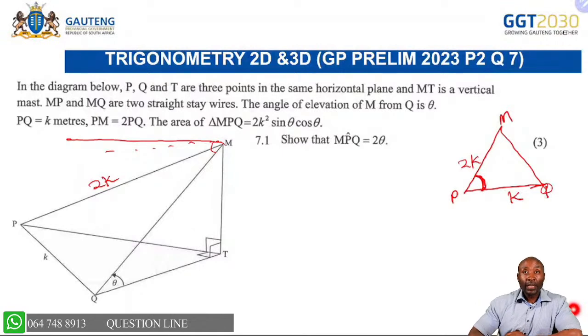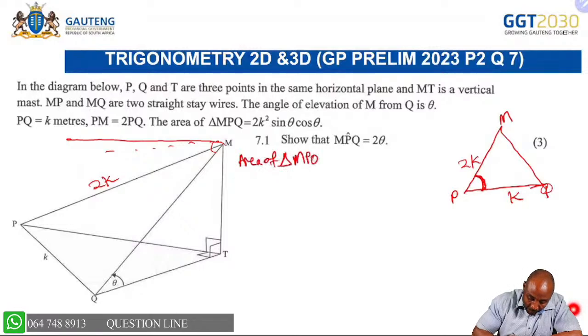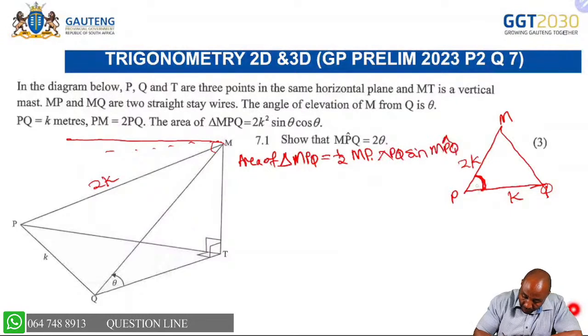If I look at this triangle, I'm able to use the area rule. Area of triangle MPQ is going to be half MP times the other side, which is PQ, times sine of angle MPQ, because that is the angle that is included there.